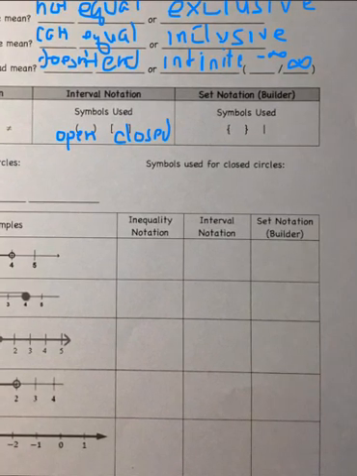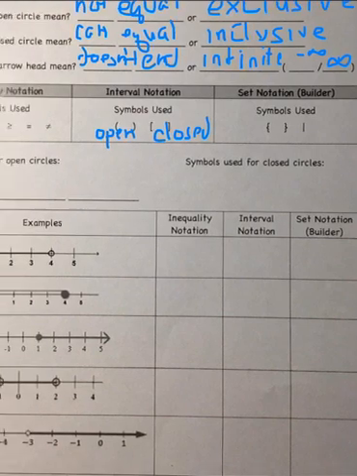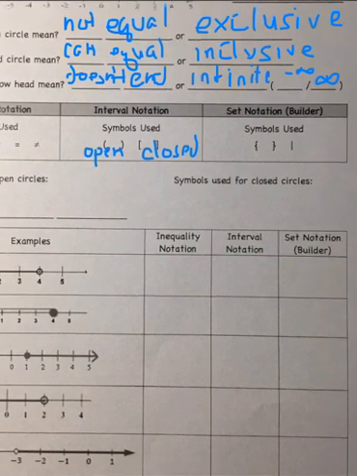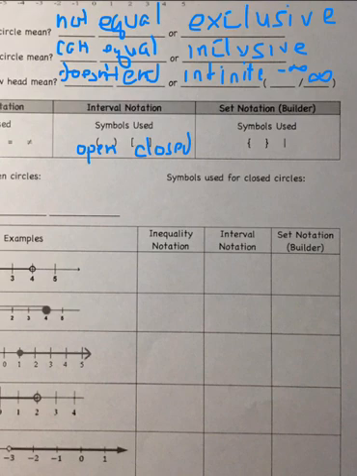And then if we're looking at other symbols, this is in set notation. So if you look at the top, I have different notations. We have inequality notation on the left, interval notation in the middle. Set notation also adds in three symbols, excuse me.